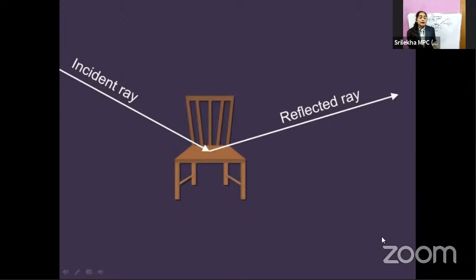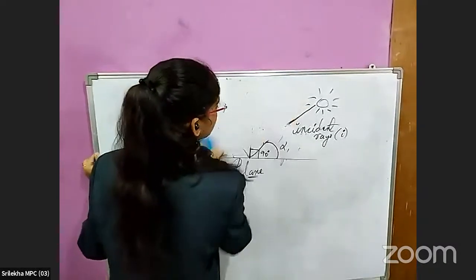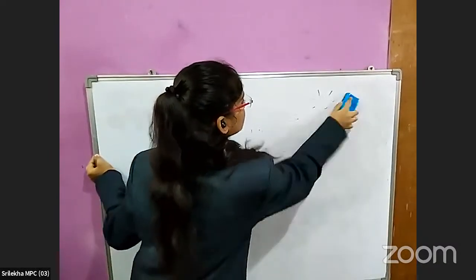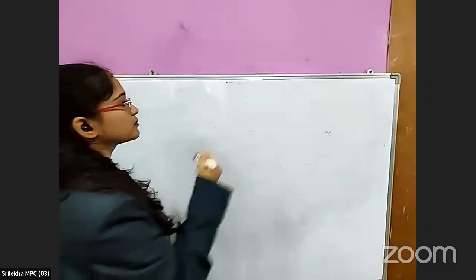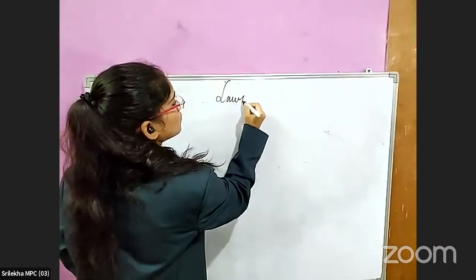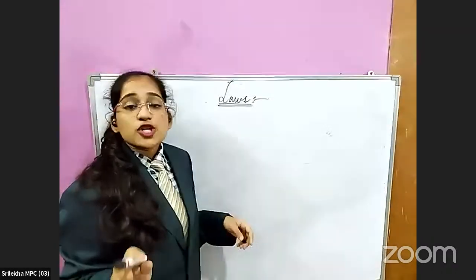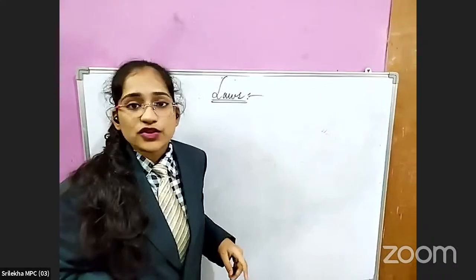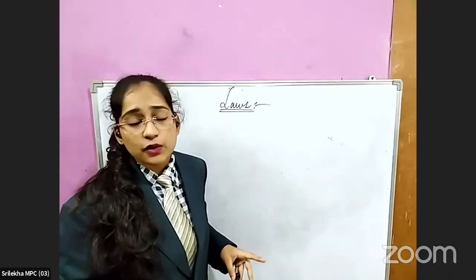Now let us see something which is very important, which is the laws of reflection. We generally do have two laws of reflection which are the most important and prominent in solving higher level questions.